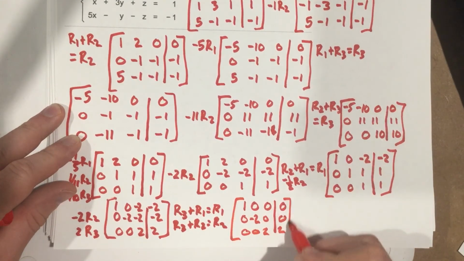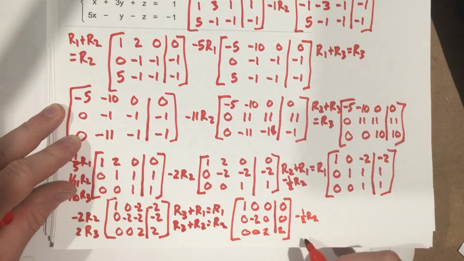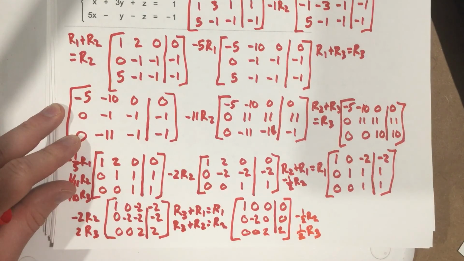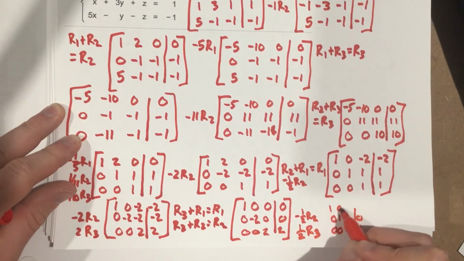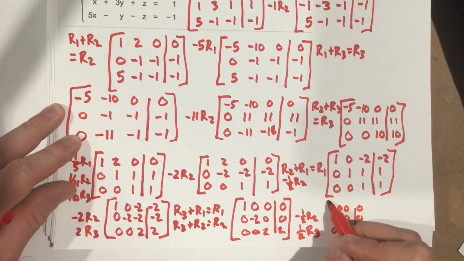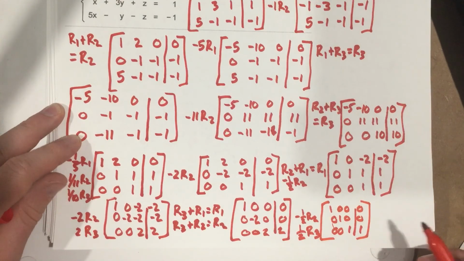Last step, we're going to do negative 1/2 R2, and we're going to do 1/2 R3. So we end up with 0, 0, 1, 1, 0, 1, 0, 0, and 1, 0, 0, 0. Notice we have the identity matrix here.